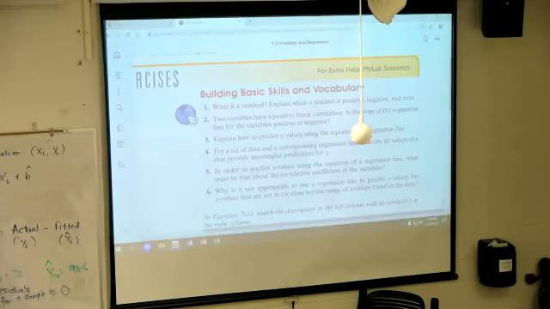Number two. Two variables have a positive linear correlation. Is the slope of the regression line for the variables positive or negative? Positive.